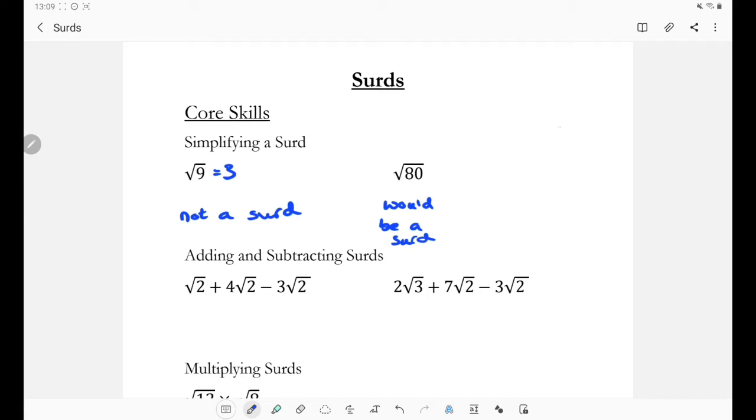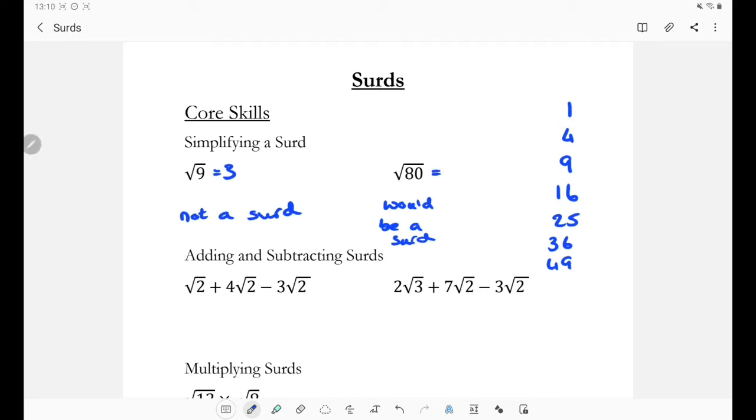Now, what do we have to do in order to simplify a surd? Surds are based on squared numbers, which makes sense when you think about the fact that you are square rooting values. You should be really confident with your square numbers up to 10 times 10, but for the purposes of these questions, you'll normally get away with just doing the ones up to 49.